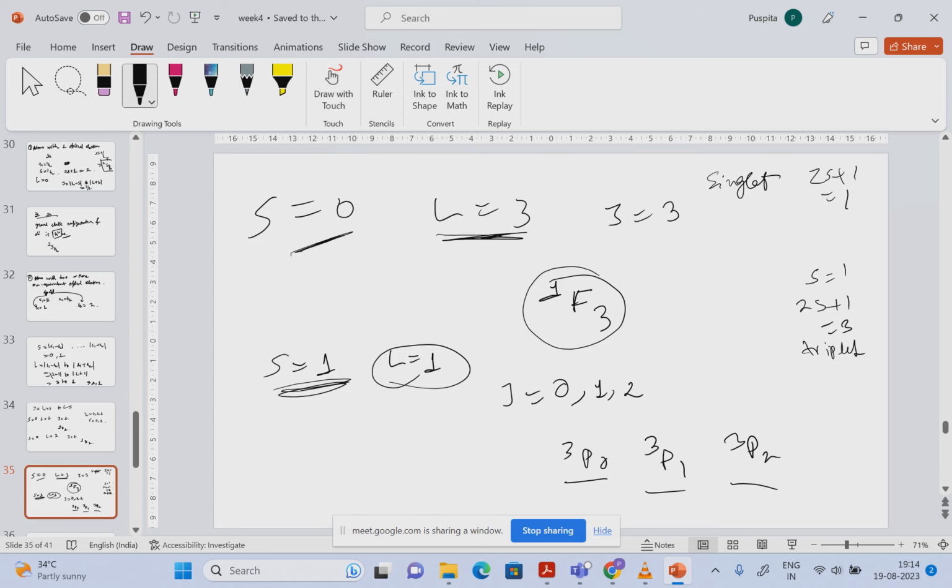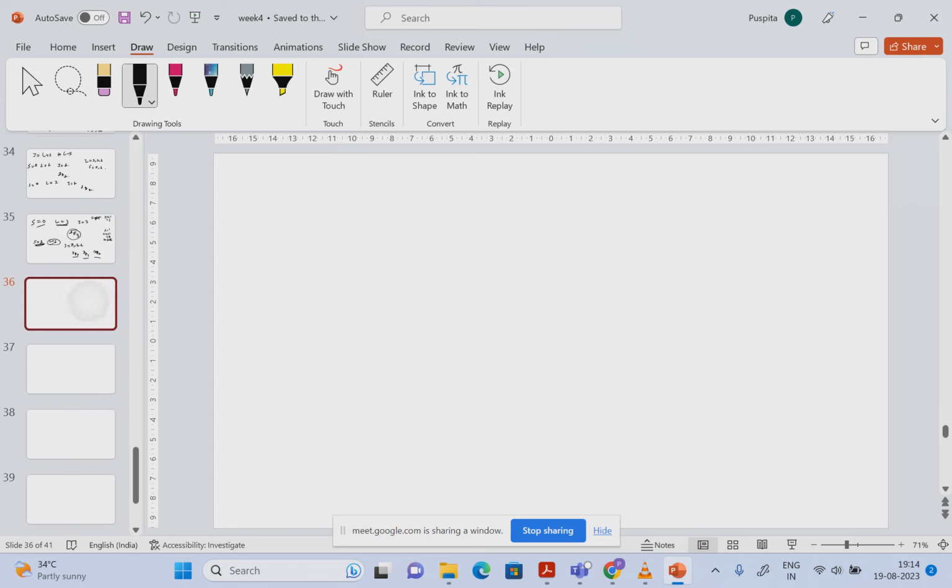We get a triplet term. So S is equal to 1, L is equal to 2. So J is equal to 1, 2, 3. So it is 3D1, 3D2, 3D3.